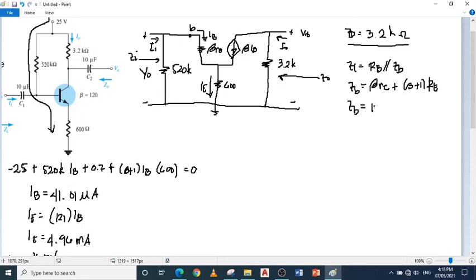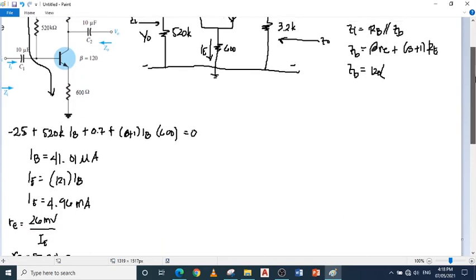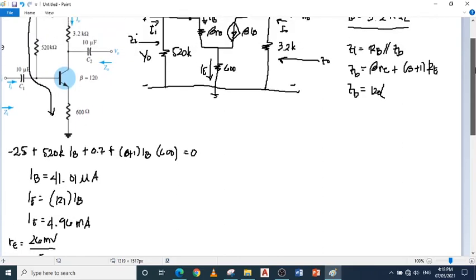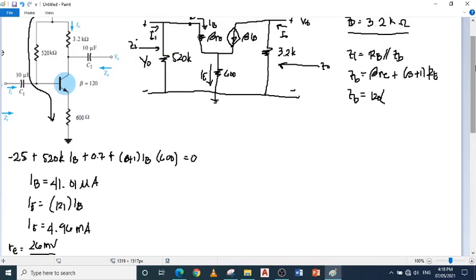so we have 120 times, anong re natin? 5.24 ohms. Plus 121 times, RE natin is 600. So, ZB is equal to 120 times 5.24 plus 121 times 600.